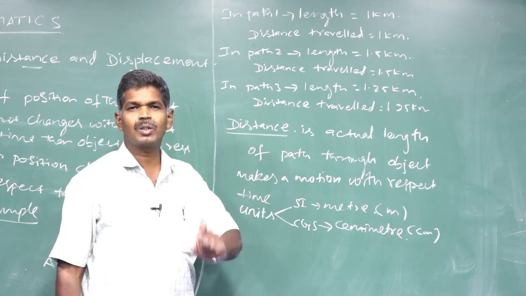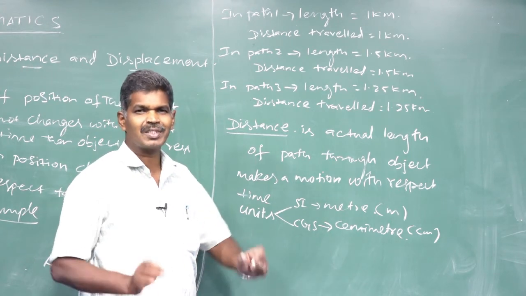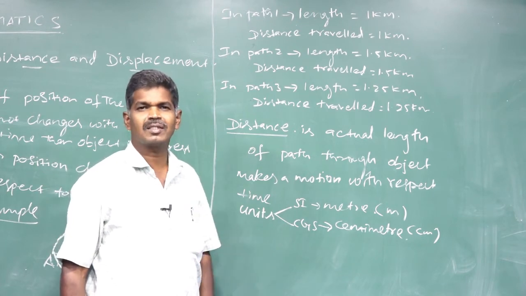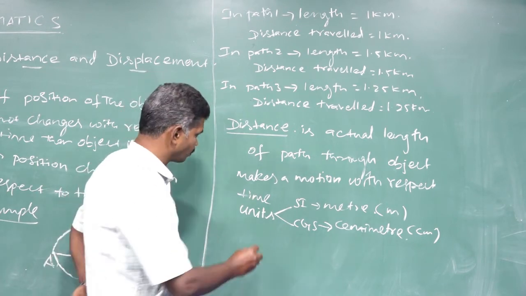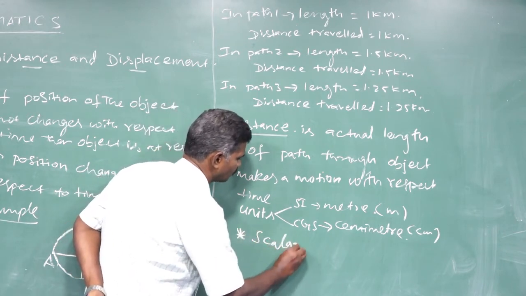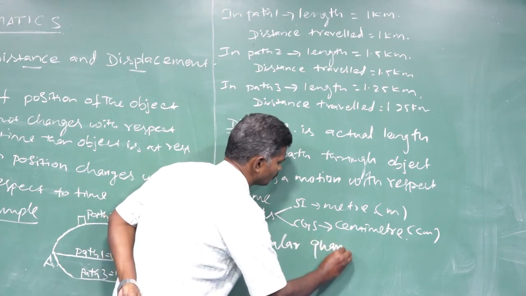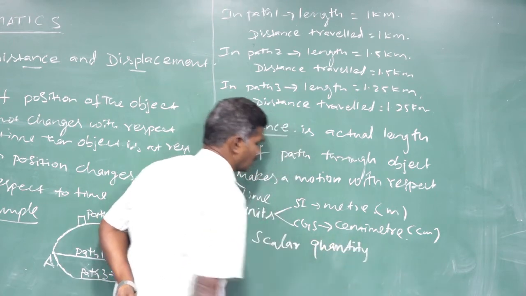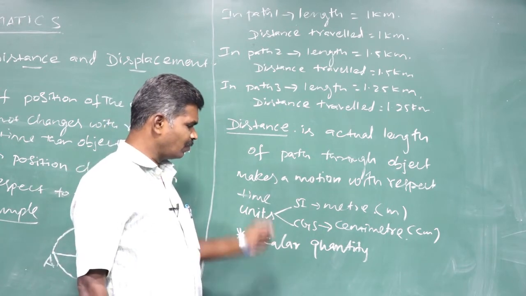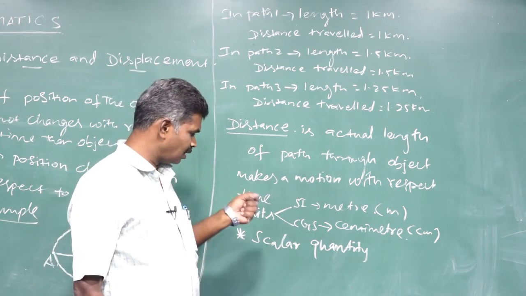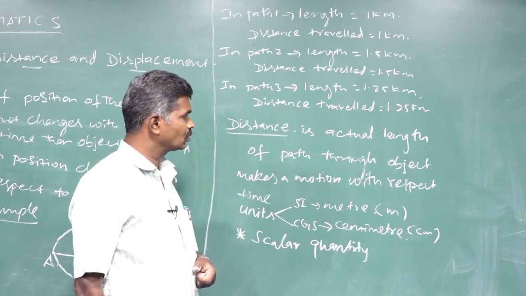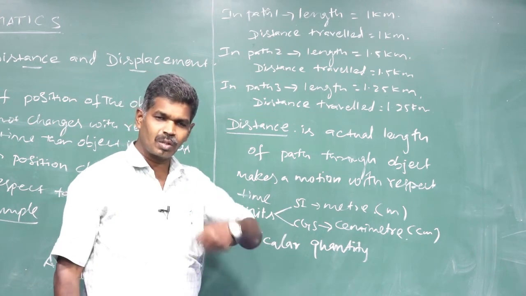which has a magnitude only. If any physical quantity has a magnitude only, it means that the physical quantity is a scalar quantity. Scalar quantity contains only a magnitude, no direction. Time to time, position may change.